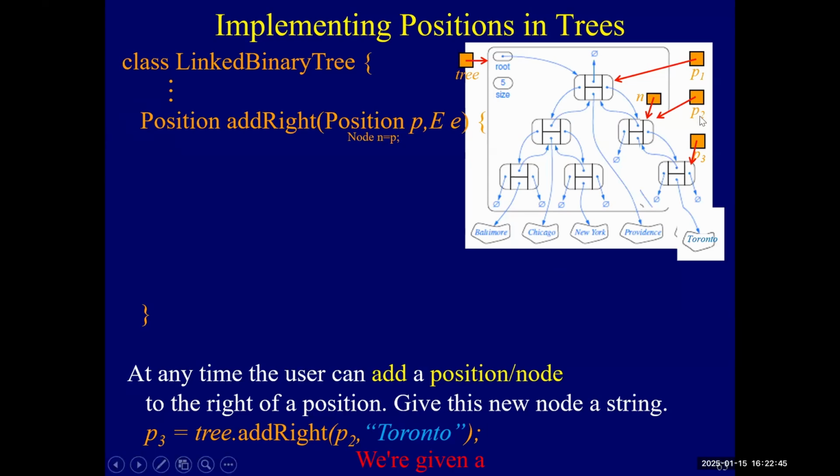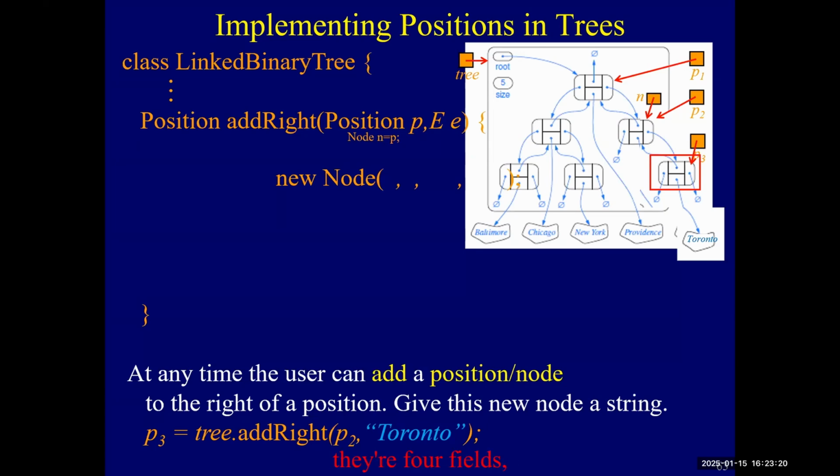We're given a position, and we immediately put it over to our node n. And then we have to create our new guy. So we can say, hey, we want a new node. When we design our routine node, we can have a constructor with as many inputs as you want.